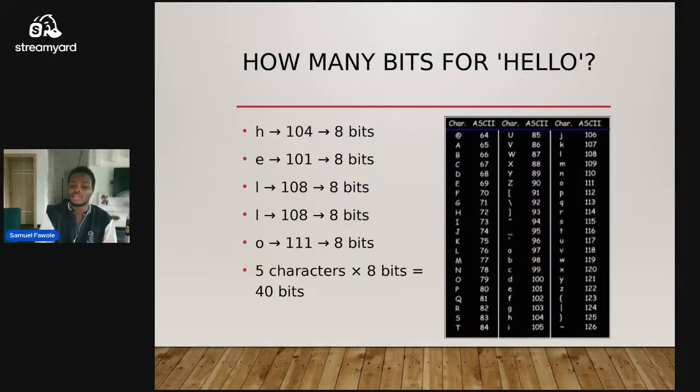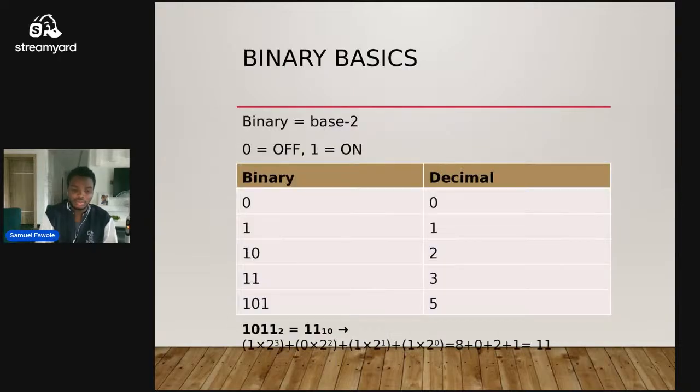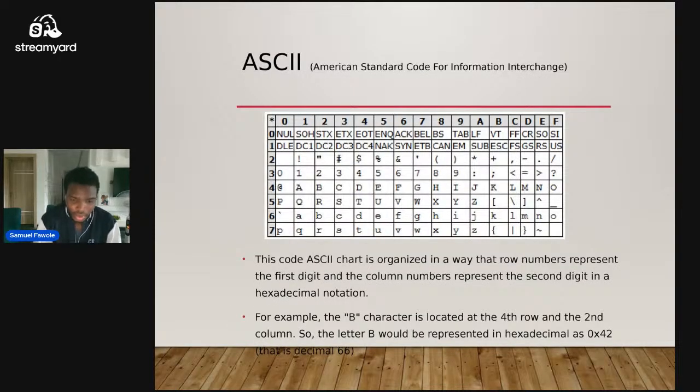This is a quick example: how many bits do you need to represent hello? In ASCII, the small letter H, if we convert to hexadecimal, is 0x68, and each hexadecimal digit is 4 bits.